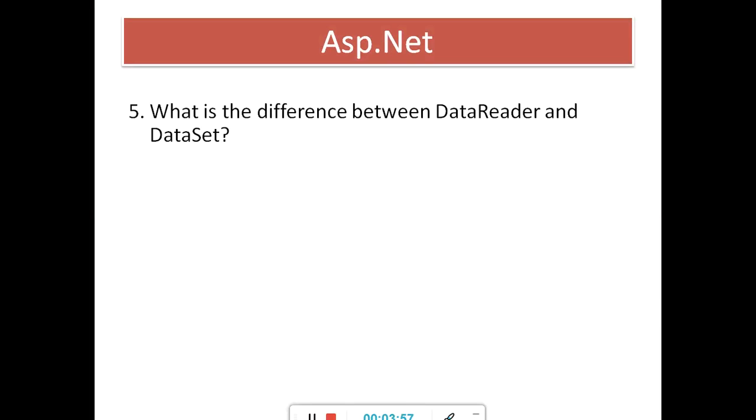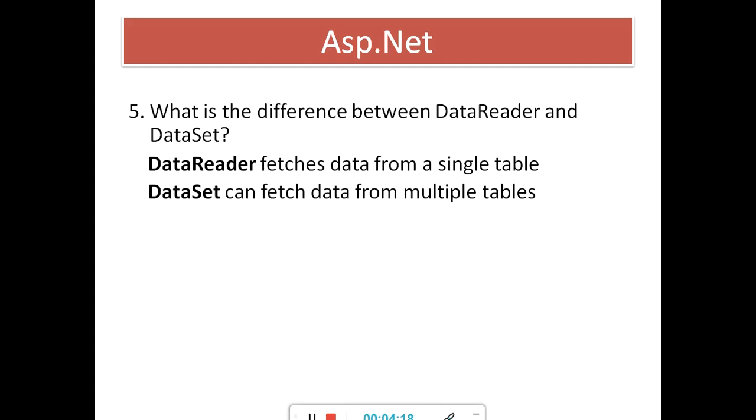So now the next question is, what is the difference between DataReader and DataSet? From the previous question we know that a DataSet is a collection of data tables. And what is a DataReader? A DataReader is also used to read data from a table, but the main difference is that a DataReader fetches data from a single table only, and a DataSet can fetch data from multiple tables.